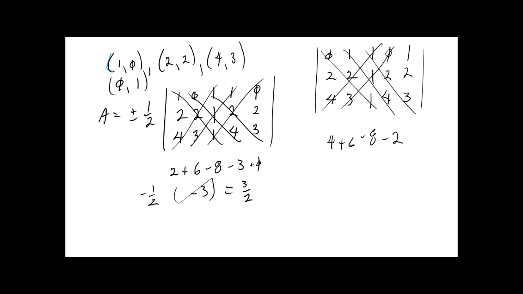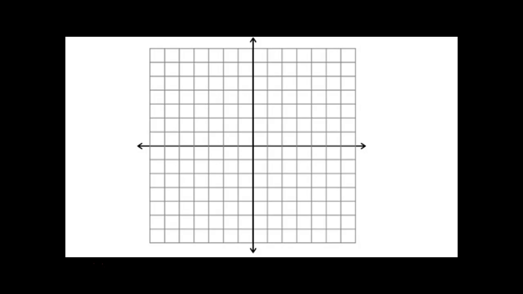And sure enough, if you plotted those points on a decent piece of graph paper, and I think I'll pretend that I have one, like right there, 0, 1 would be right there. 2, 2 would be right there. And 4, 3 would be right there. Sure enough, those are all in the same line. Area 0. Okay?